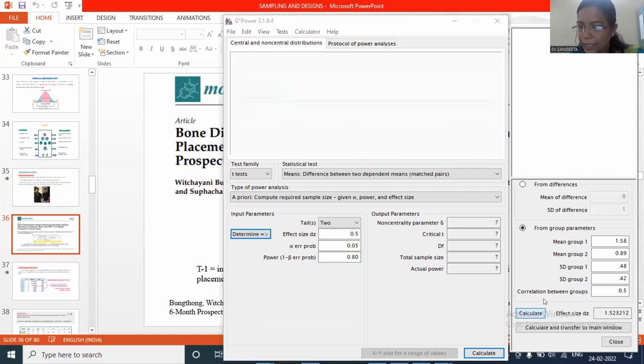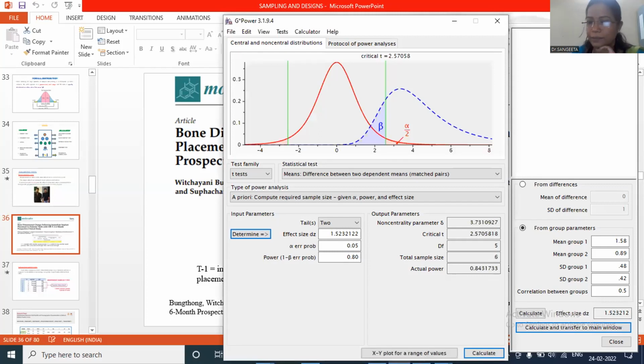So I'll click calculate and transfer to the main window. After the effect size is placed here, just say calculate, and your total sample size is 6. So anything above 6 you can take. So minimum it should be 6.